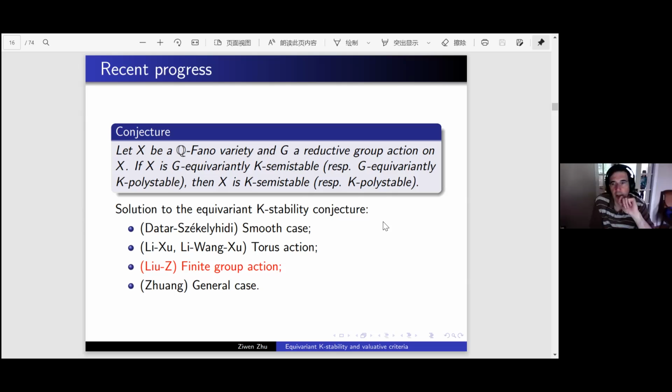Okay, very good. Are there any other questions, remarks, comments? I have a small question about the divisorial instability. Have you tried to do that G-equivariantly?